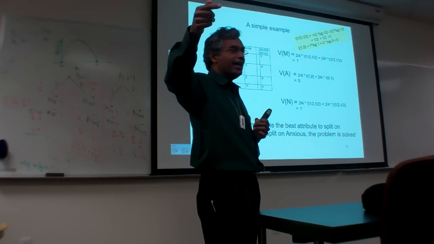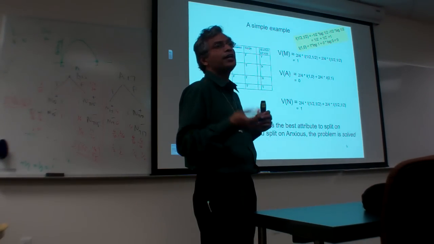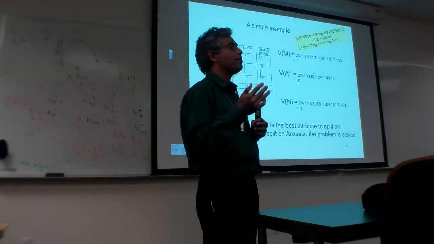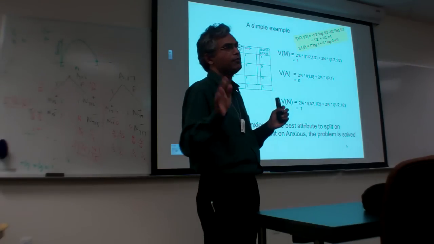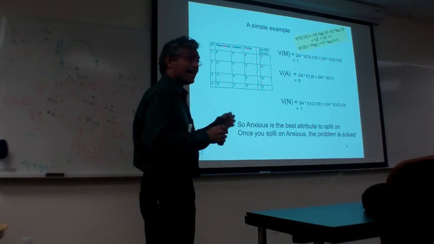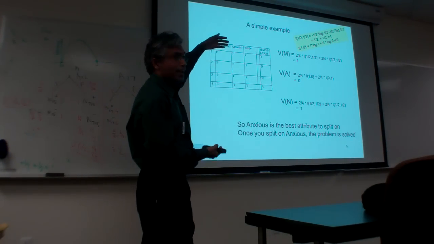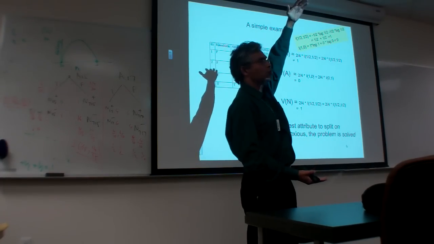Okay? And from those answers you can completely classify whether or not the party is going to be a happy party or not. It will only be an unhappy party when both of them show up. Otherwise, it will be fine in that training data. Okay? That is the smallest. But if you use the normal decision tree on that example, you will get a longer decision tree. You will ask more questions.